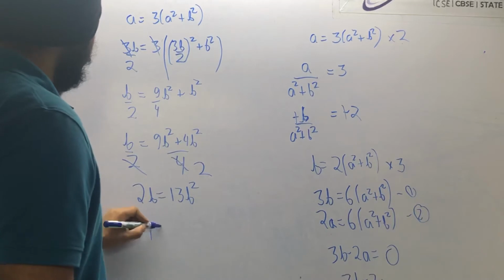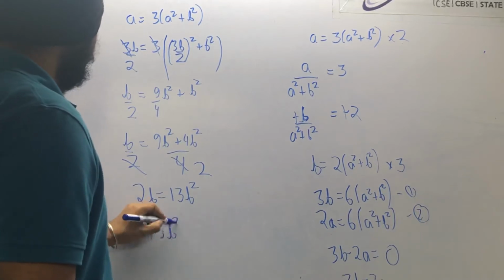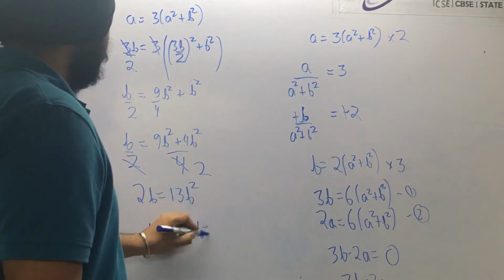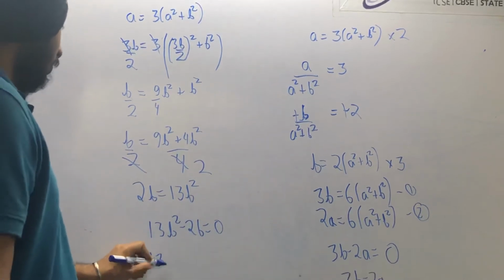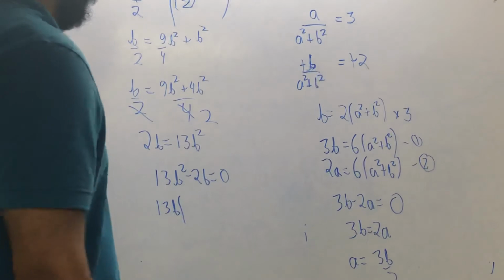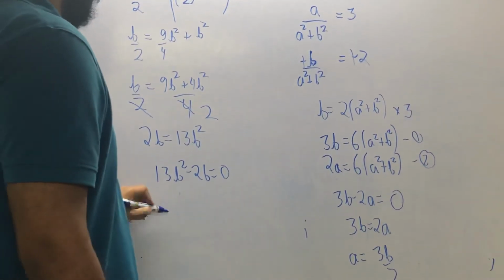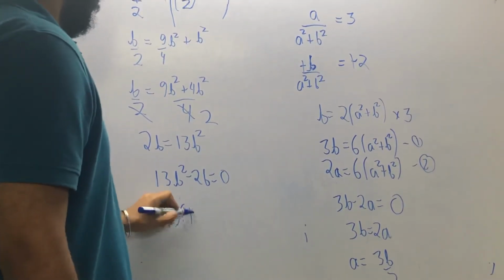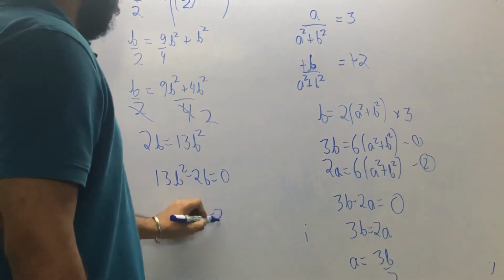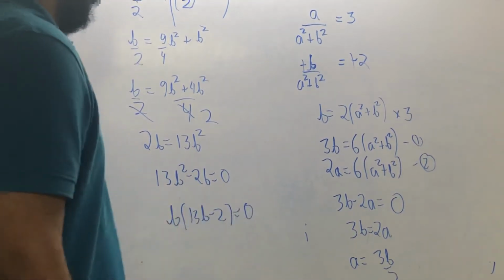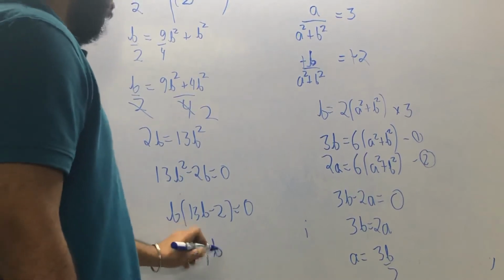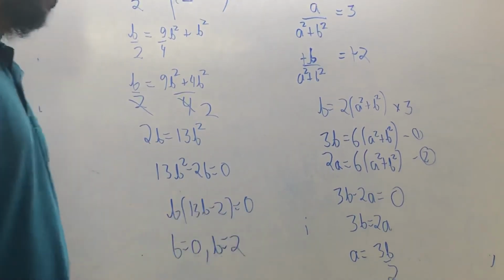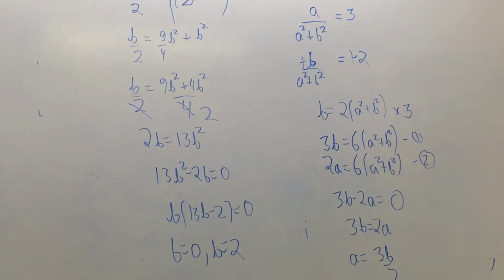You can write it like 13b square minus 2b is equal to 0. So you can take b common from this. So b into 13b minus 2 is equal to 0. So you can find the value of b as b is equal to 0 and b is equal to 2 by 13.